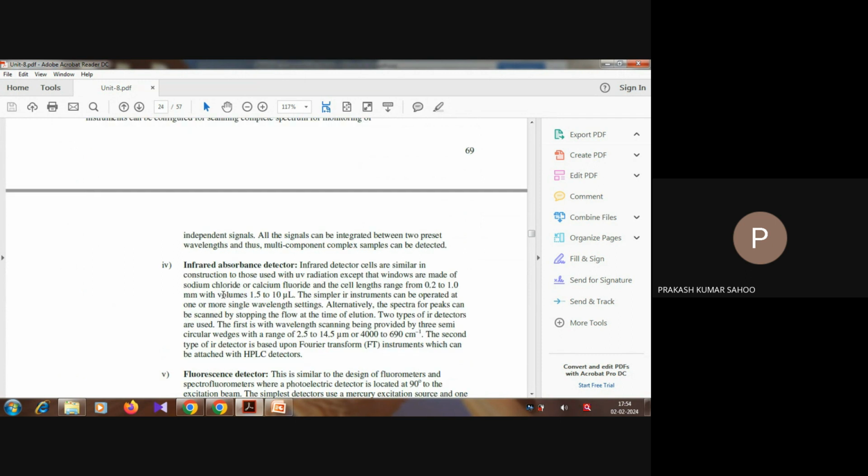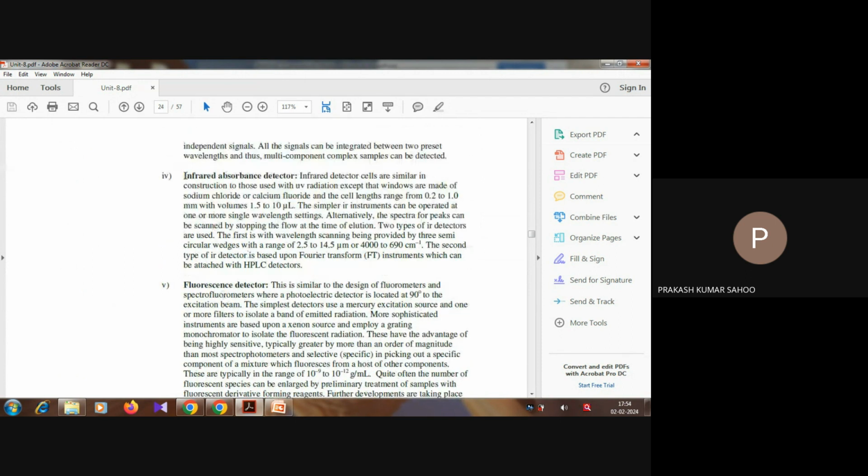Then the infrared absorbance detector, where IR light is used for absorbance of the different functional groups present in the components of a mixture. So here what happens?